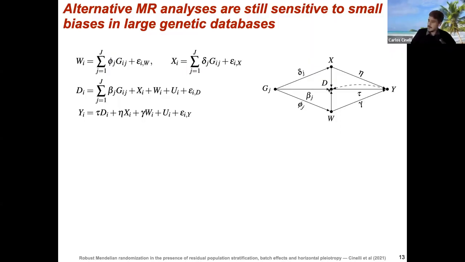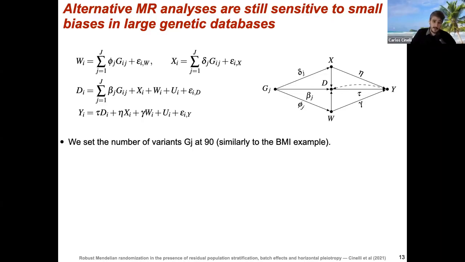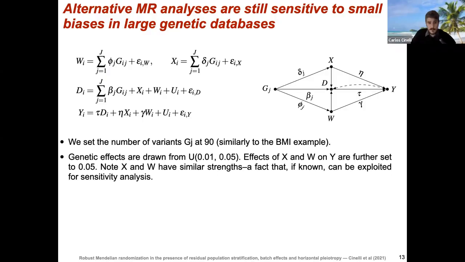So they're going to be relevant, but they also affect our outcome through two other traits, X and W, and they affect it in a way that violates both the InSIDE assumption and the zero modal pleiotropy assumption. Here we're going to set the number of variants at 90, which is similar to our BMI example.